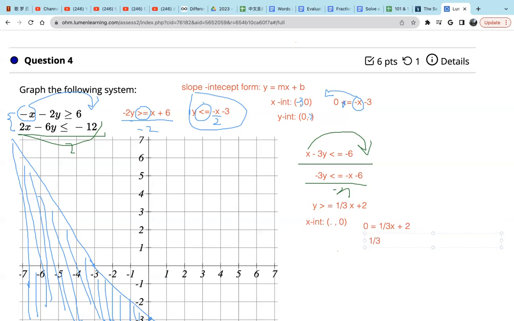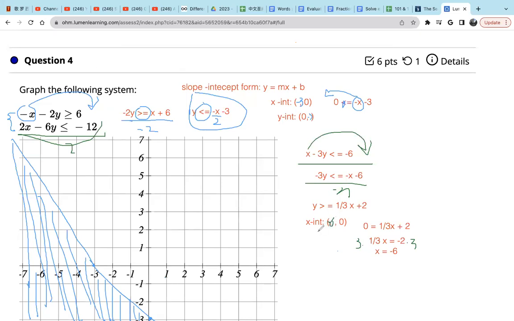So 1/3 of x equals -2. Because this is 1/3 of x, we multiply 3 on both sides, because 3 times 1/3 is 1. So we get 1x. So x equals -2 times 3, -6. So that's our x-intercept. So x value is -6.